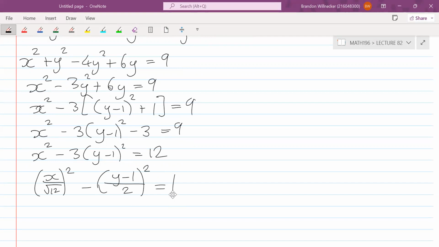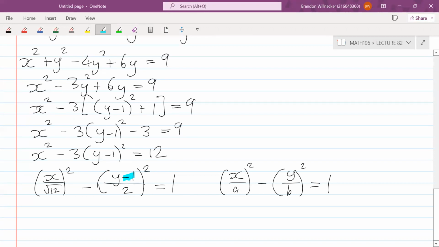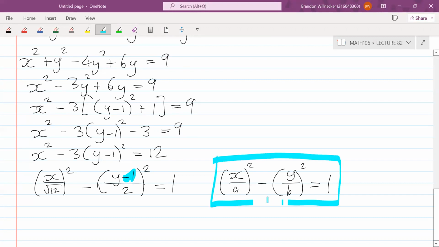Okay, so this is the standard form for the hyperbola. So that's (x over a) squared minus (y over b) squared equal to 1. But we've got this extra minus 1 here because it's been shifted from the origin. Okay, but this right-hand side, this is the standard form if it's at the origin, and then you can apply the shifts to move it away from the origin.